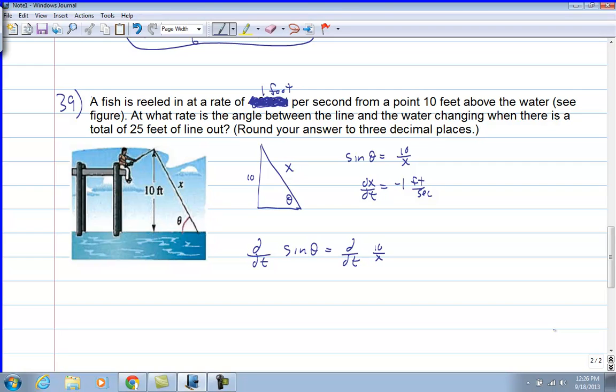On the left side we have the derivative of sine theta, which is cosine theta times d theta dt, and that's what we're after, the angle between the line and the water changing. That equals the derivative of 10 over x, which is negative 10 times 1 over x squared times dx dt.